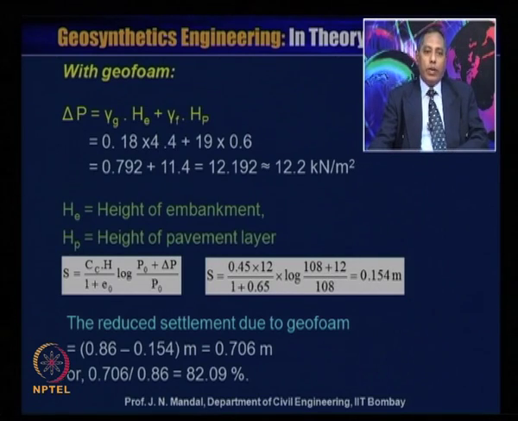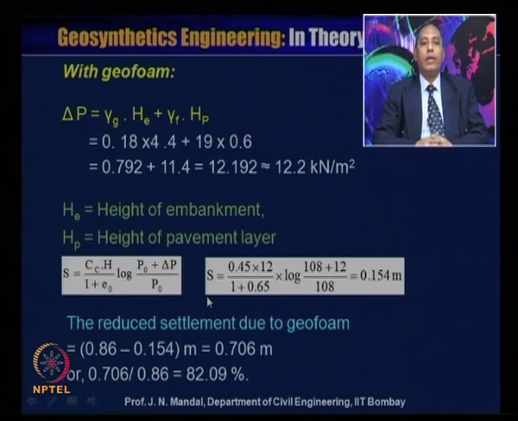Now we know this equation, that is S is equal to Cc into H by 1 plus E0 into log of P0 plus delta P by P0. So S is equal to 0.45 into 12 divided by 1 plus E0, which is 0.65, into log of P0 plus delta P, that means 108 plus 12, divided by 108.